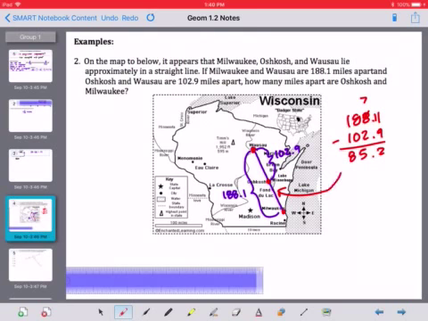That would have to be that distance there. And notice if you add 102.9 and 85.2, you end up with 188.1 miles. So this right here is the distance from Oshkosh to Milwaukee.